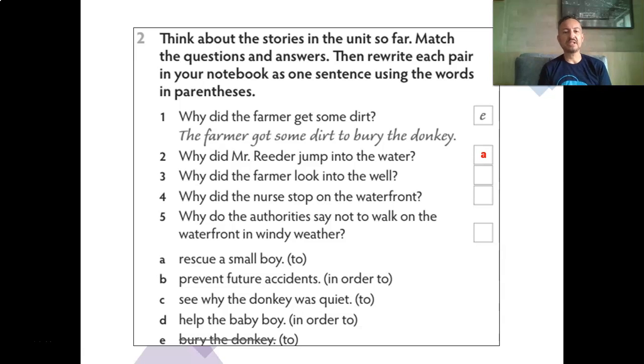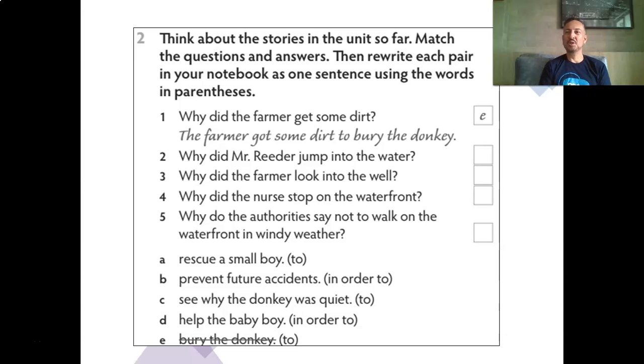To bury the donkey. Letter E. Yeah, the first one is letter E, sorry. So, the farmer got some dirt to bury the donkey. Alright, that's the purpose. What about number 2, 3, 4, and 5? I'll give you some minutes for you to do. Pause the video now. Okay, we're back.